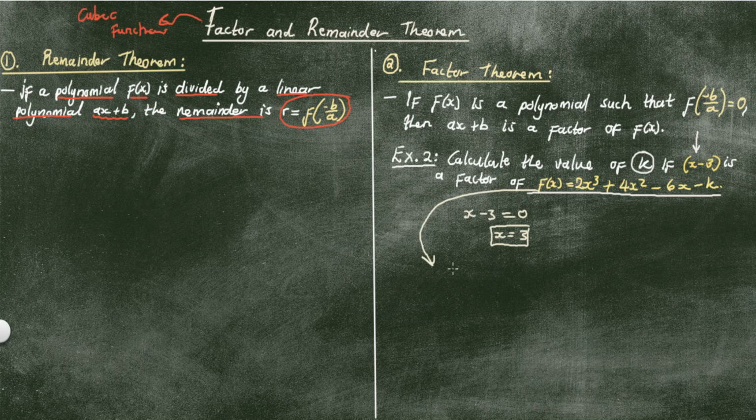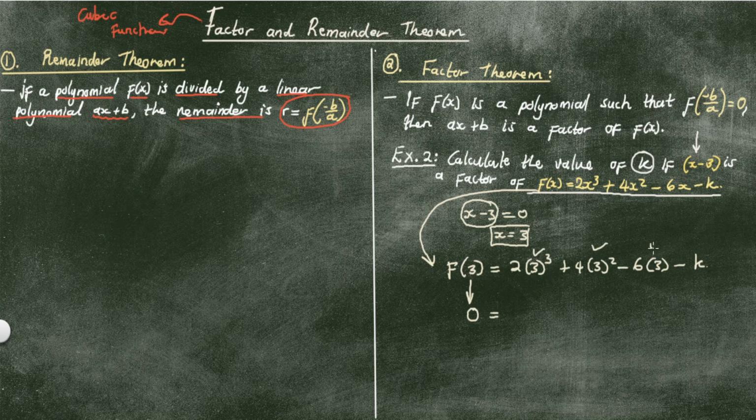We come to this polynomial and substitute 3 wherever there's x. So it's going to be 3 times 3 cubed plus 4 times 3 squared minus 6 times 3 minus k. Now, we are told that x minus 3 in this case is a factor. If it's a factor, it means that we're going to have a remainder of 0.